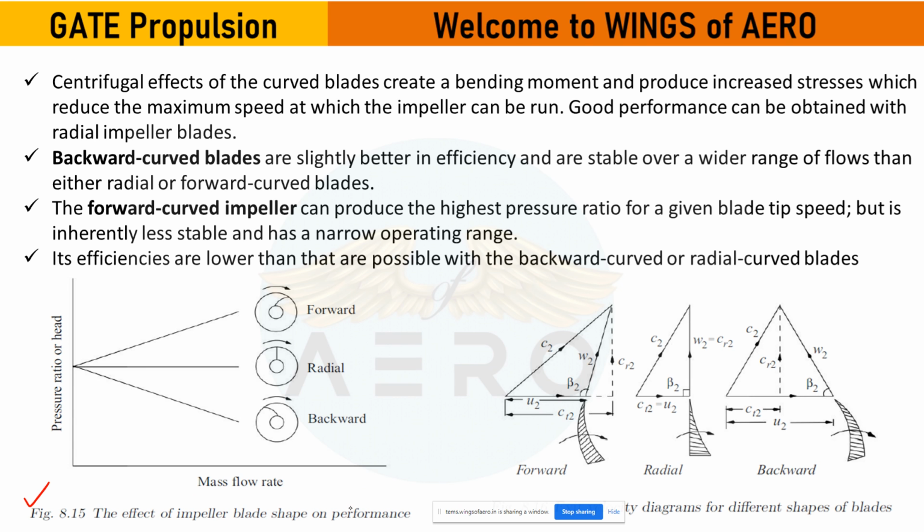Now how do we judge the performance of the compressor? It's how it behaves with the mass flow rate against the pressure ratio. Sometimes the pressure ratio can also be noted in terms of pressure head, so they may not always ask you the pressure ratio. They can also use a term called head, or only head, capital H.